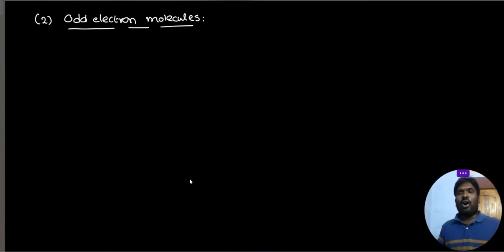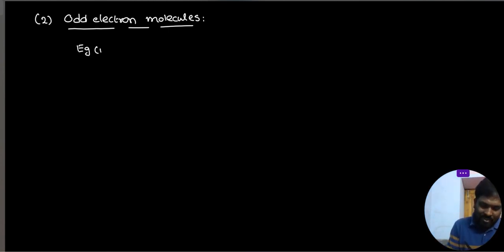Octet rule means surrounding the atom 8 electrons are there. 8 means an even number, but here there are odd electron species. So definitely they do not obey the octet rule even though they are stable. In our syllabus, according to the NCERT textbook, there are 2 examples, NO and NO2. They are odd electron species.